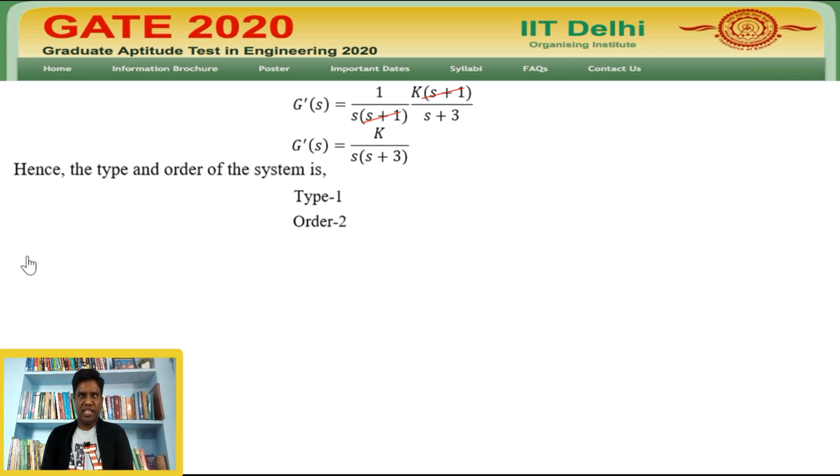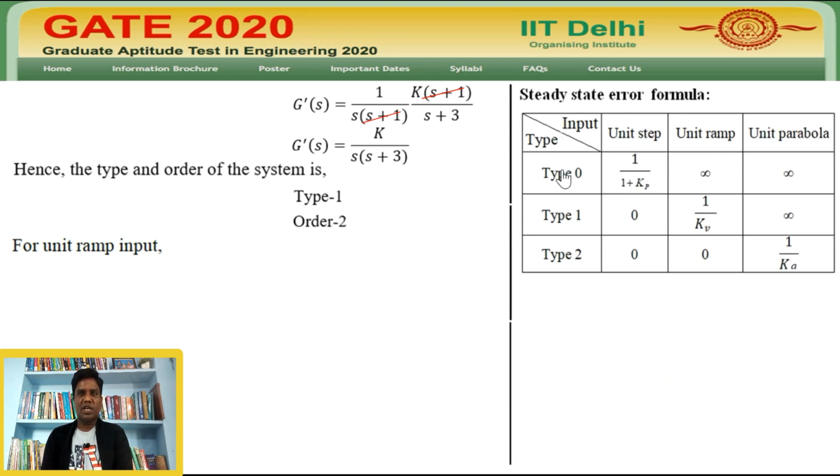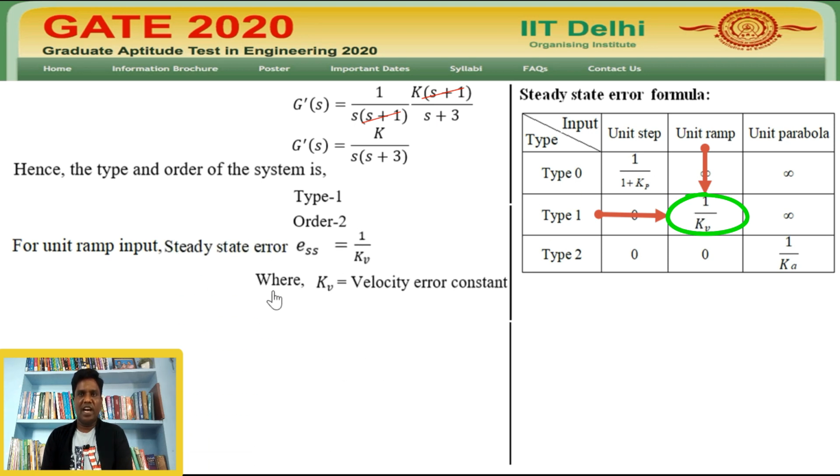From the given question, for unit ramp input with the type 1 system, we have the steady state error formula in terms of the error constant from the steady state error formula table. Here, for type 1 with unit ramp input, the corresponding steady state error formula is 1 divided by Kv. Therefore the steady state error ESS equal to 1 divided by Kv, where Kv is the velocity error constant.